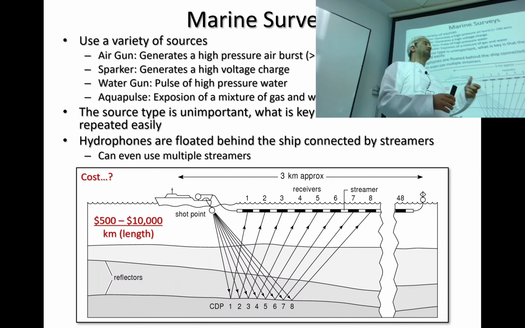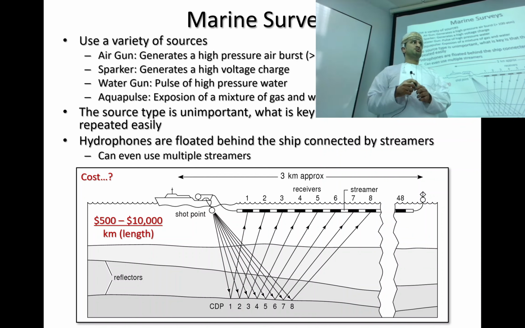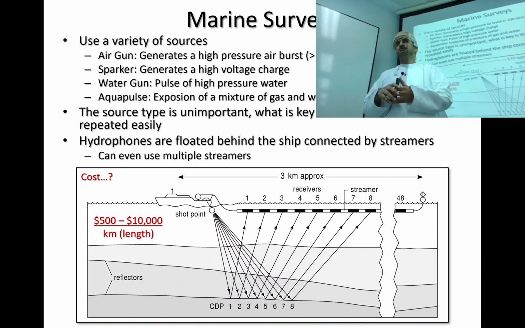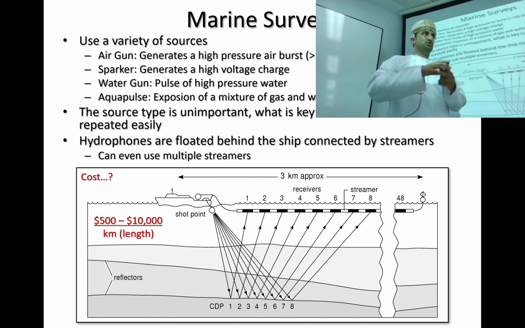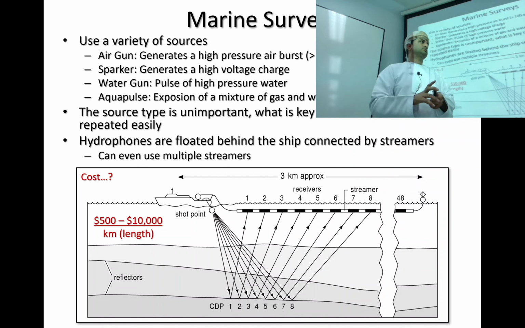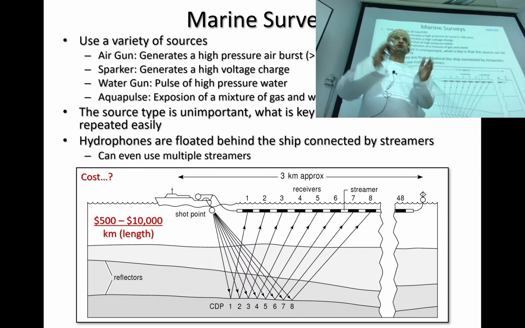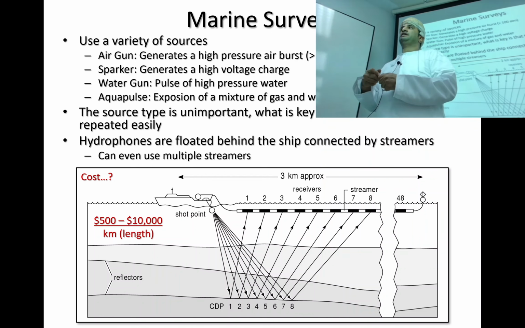Usually when they acquire such data, we'll see some announcement. In north of Oman, in the Gulf of Oman, whenever they acquire seismic data, they tell the fishermen around the area that they don't have access to this area for a couple of days or weeks, whenever the vessel is around.